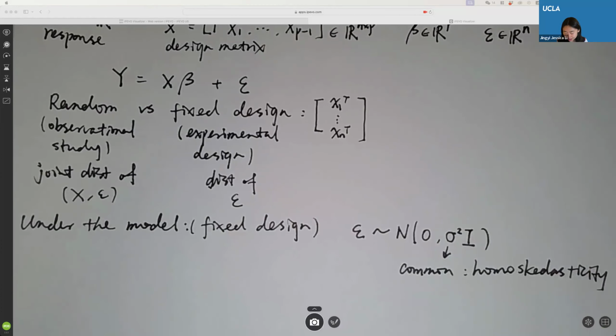So what we want to do is take the gradient with respect to beta of y minus x beta transpose times y minus x beta. Okay, and last time we gave you the expanded form for this product, which is y transpose y minus 2 times y transpose x beta plus beta transpose x transpose x beta, right?